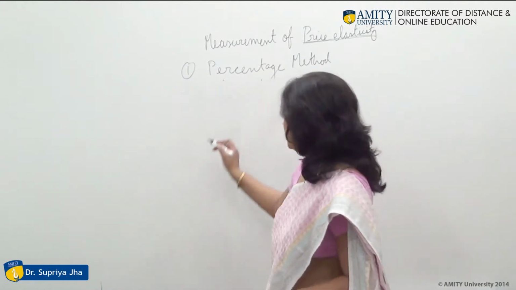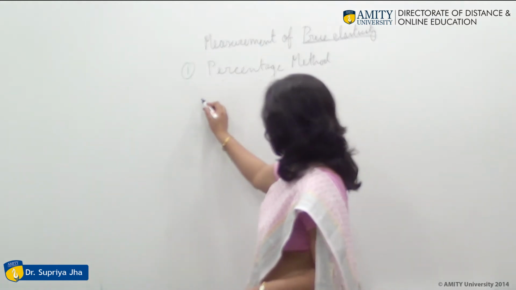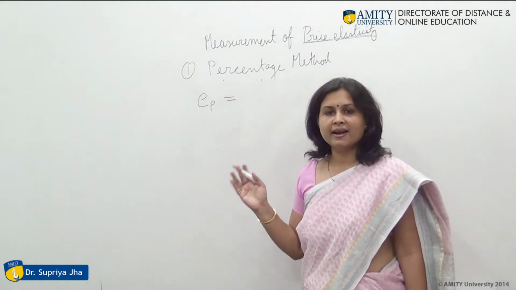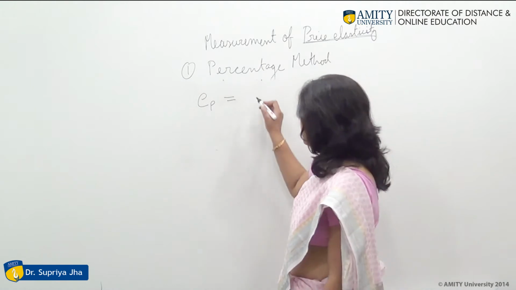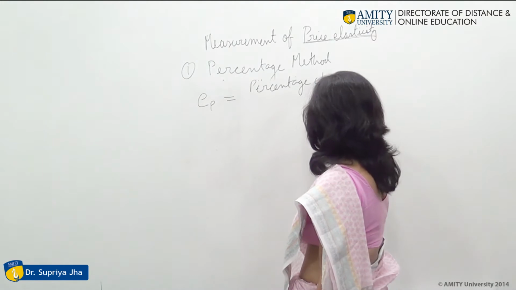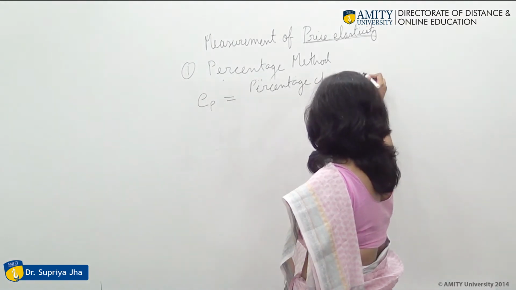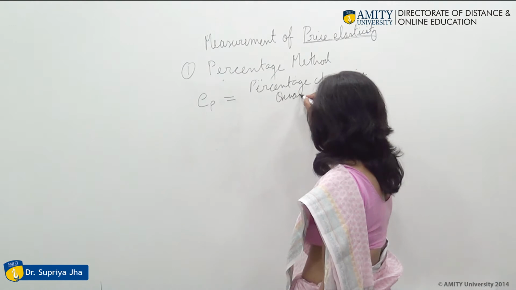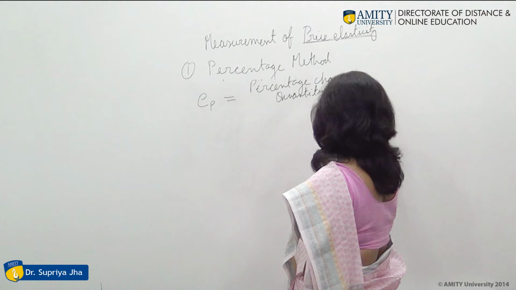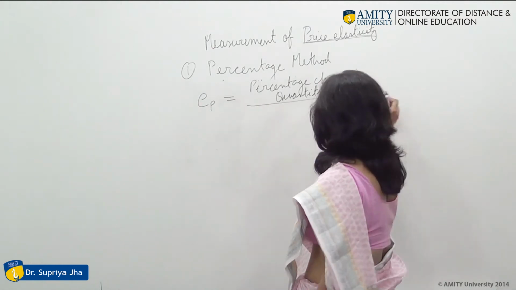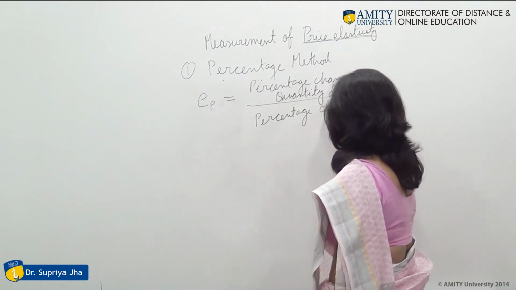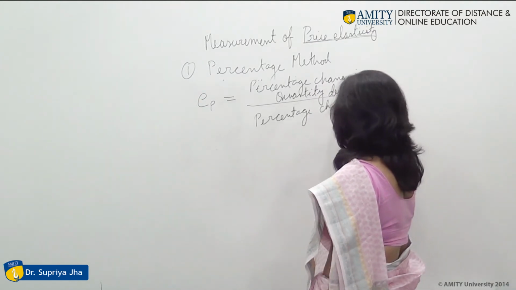price elasticity of demand, or we can write EP, is equal to percentage change in quantity demanded divided by percentage change in price.